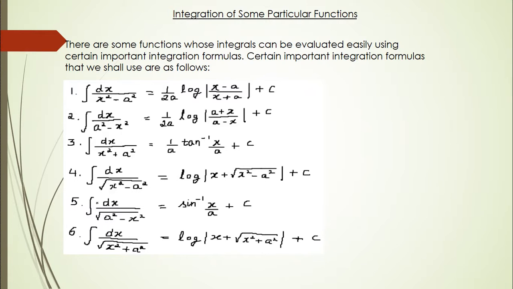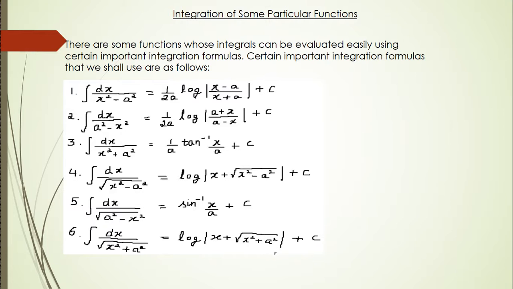The fifth is integral of dx divided by root of a square minus x square is equal to sine inverse x by a plus c. The sixth is integral of dx divided by root of x square plus a square is equal to log of modulus x plus root of x square plus a square plus c.